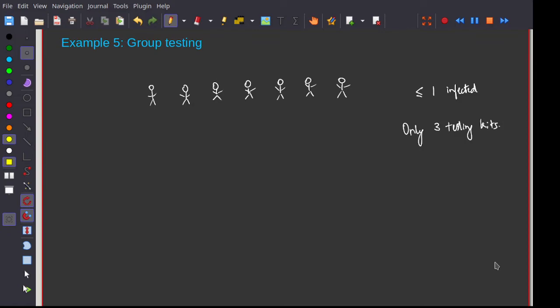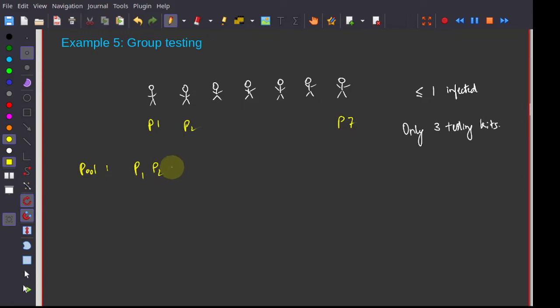What you can do is pool samples together. For example, you can take swabs from all of the 7 people, but instead of testing each swab, you can combine the tissue samples together and then test. Let's give these people names: P1, P2, up to P7. Now I can pool tests.